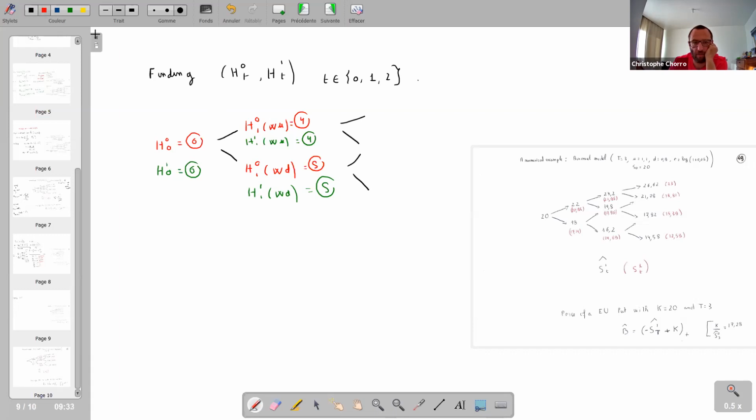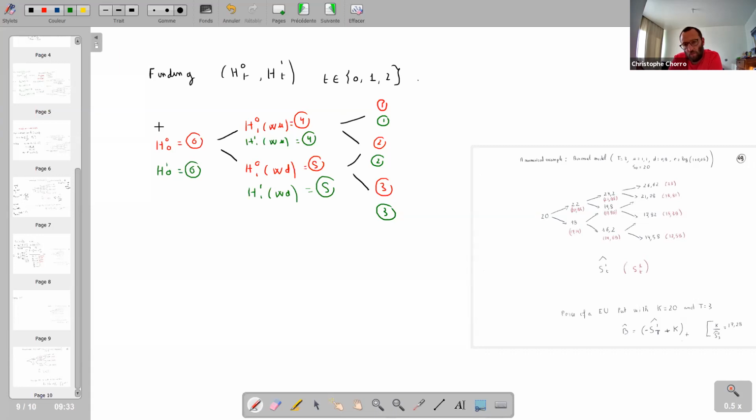So here you will have 1, here 2, 3, 4 times t equal to 2, and I have here the quantity of non-risky assets when I have increased 2 times. When I have increased and decreased, that will be the same as when I decrease and increase, and here I have this one. So if I want to solve this tree, I have to find these 12 quantities, obtained from what I know.